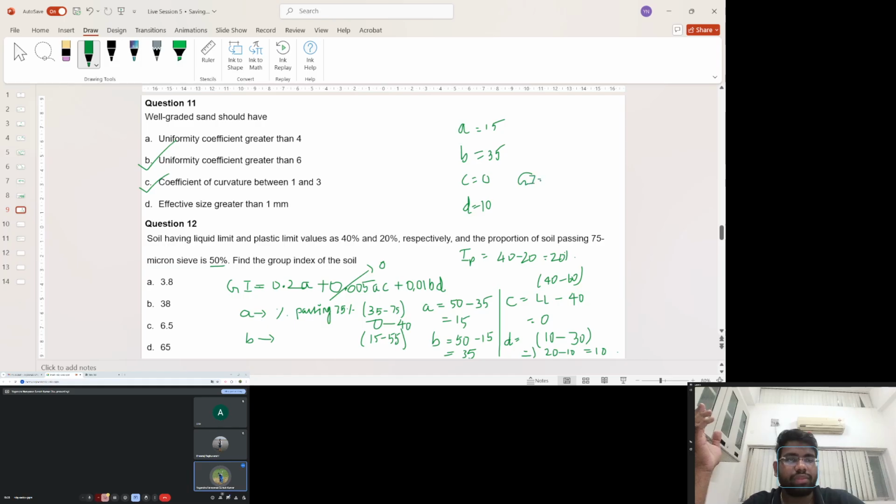GI will be 0.2 into 15, which is 3, plus 0.01 into b, which is 35, into d, which is 10, so 350 into 0.01. It will be 3 plus 3.5, which is the group index.